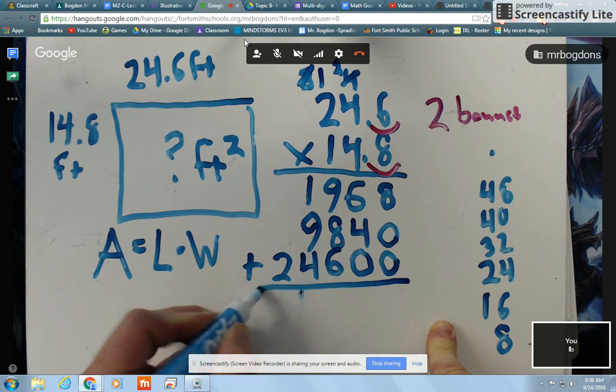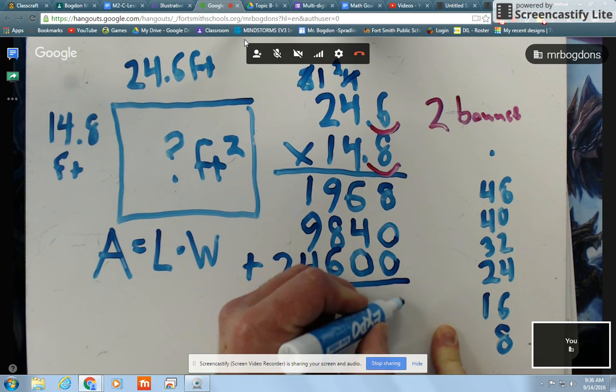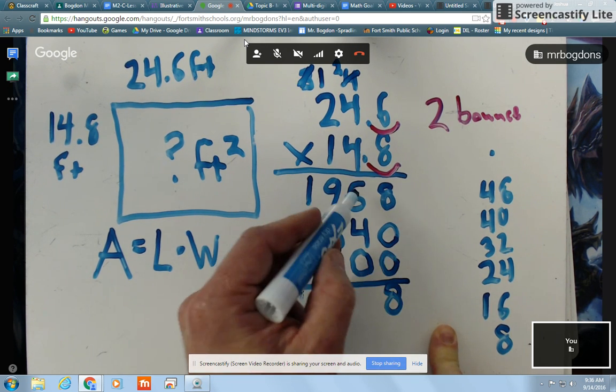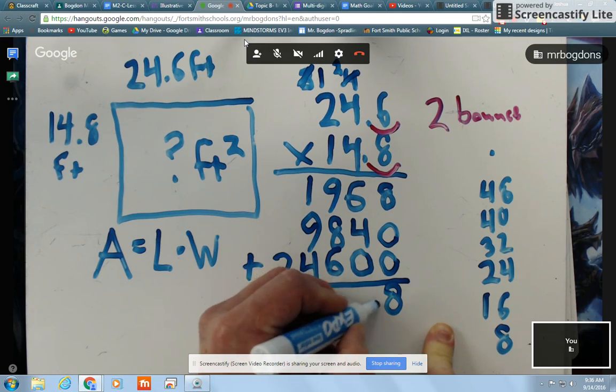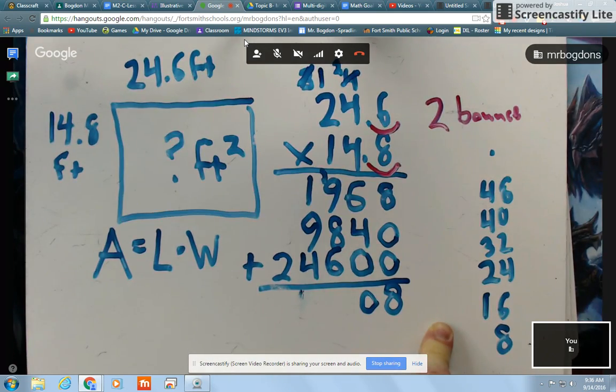To find the total in here, what do I need to do? Okay. So here's 8. 6 plus 4 is? Regroup my 1. 1 plus 9 plus 8. 18 plus 6? 24.